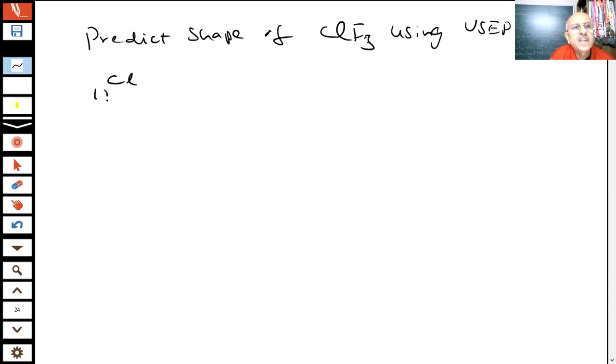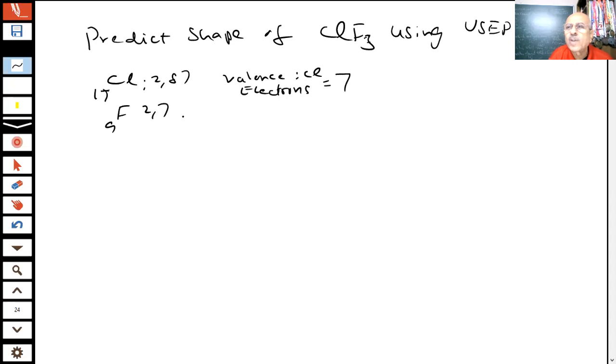Cl is 17, 2, 8, 7. So how many valence electrons, students, in Cl? 7. Valence electrons in Cl, 7. And F you already know, atomic number 9.